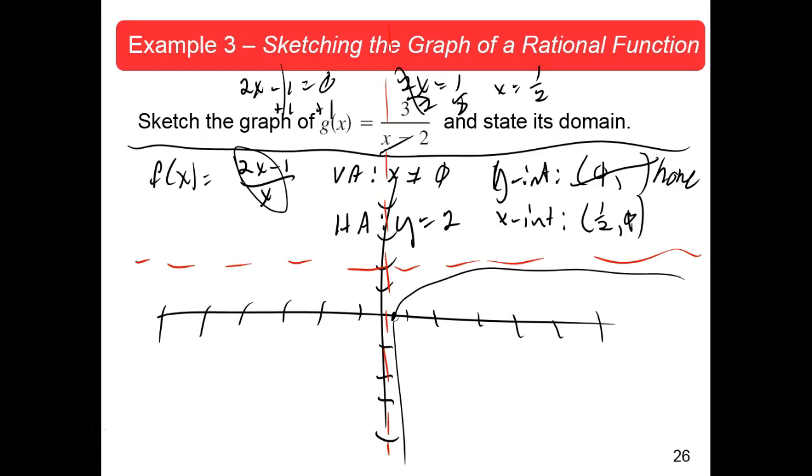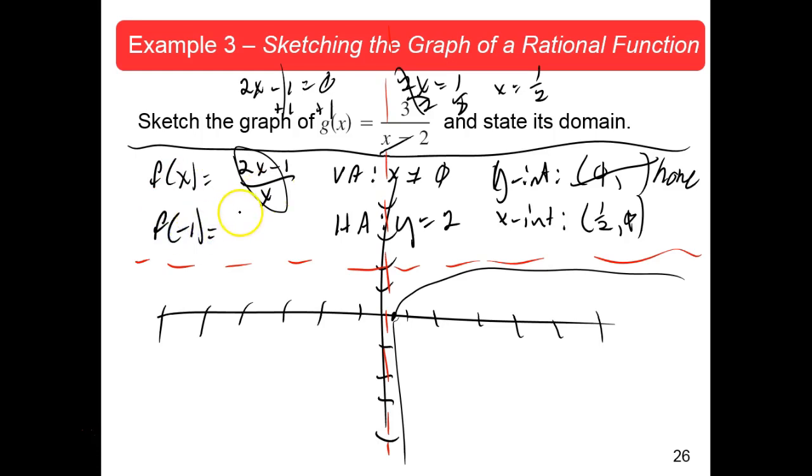Now what? You're not through. What do we do next? We got this part. Hunky-dory. What we don't have is that part. I'd say pick x equals -1. That's the easiest thing to do. Let's do f of -1.